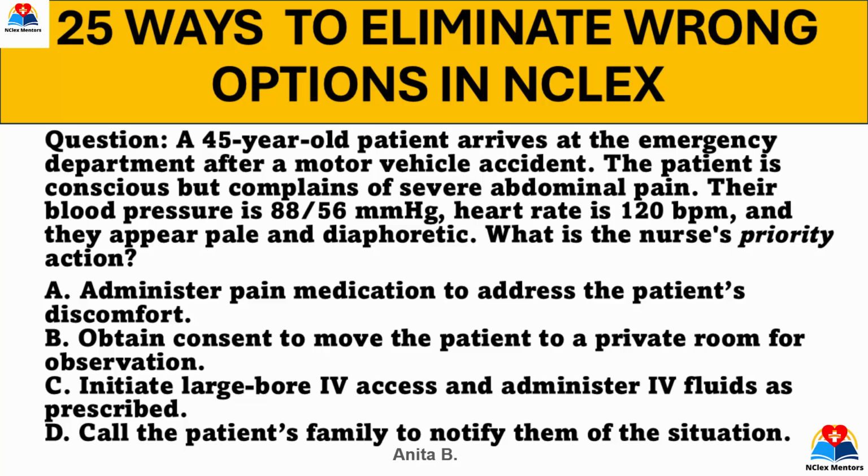The options given to you on the screen are: Option A, administer pain medication to address the patient's discomfort. Option B, obtain consent to move the patient to a private room for observation. Option C, initiate large bore IV access and administer IV fluids as prescribed. Option D, call the patient's family to notify them of the situation.